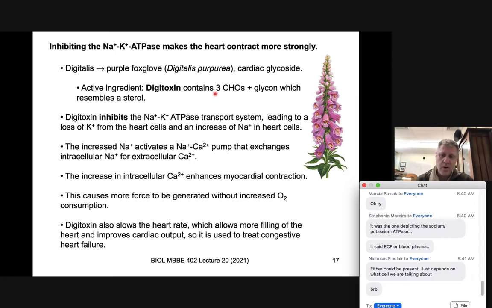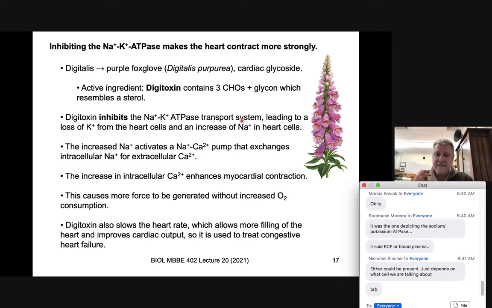What this compound does is inhibit the sodium potassium ATPase transport system, basically inhibiting the movement of potassium, particularly in the heart cells. With that loss of potassium, we then see an increase of sodium. So if you think about our exchange system that's normally occurring, we're going to see an increase in sodium inside the heart cells.